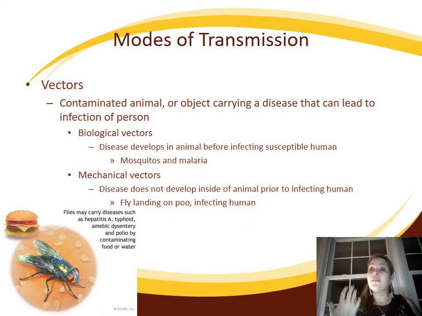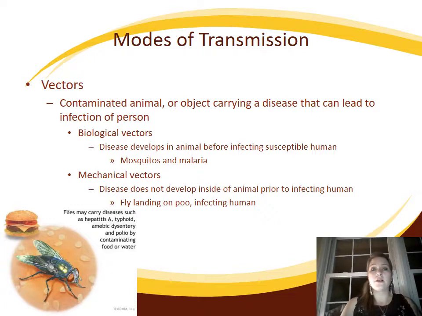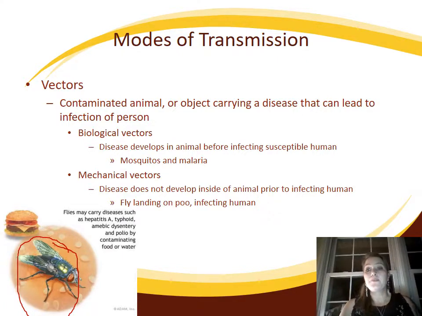There are things called vectors, and vectors are going to be a contaminated animal or object that's carrying a disease that leads to an infection. Biological vectors are going to be diseases developed in an animal before infecting a susceptible human. Take mosquitoes and malaria.